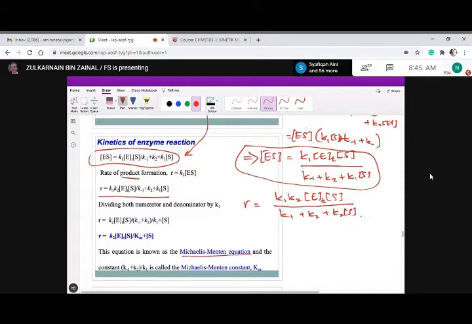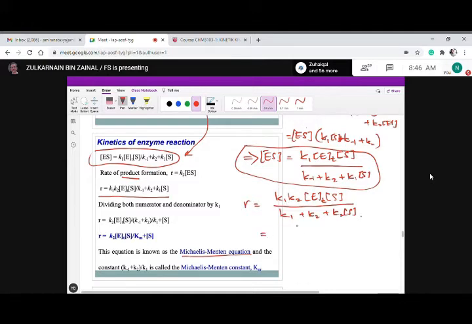Okay, and then divide the numerator and denominator both by K1.